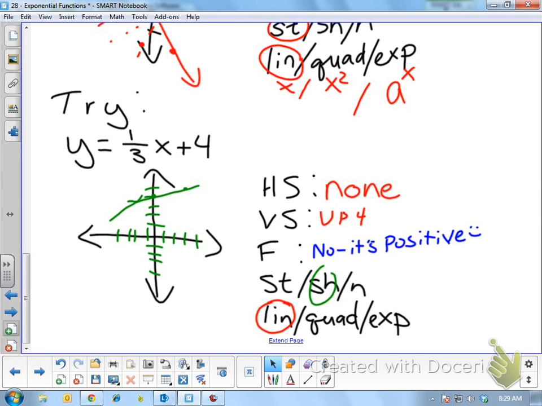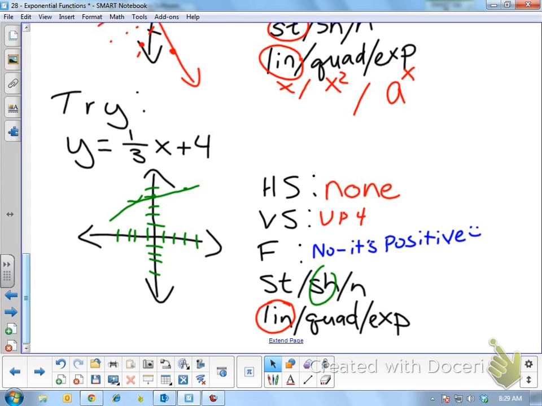Okay, so I had you guys write up on the board all the information you should have gotten for the try problem. Horizontal shift is always none for a line. Vertical shift is up 4. It did not flip, no, because it's a positive, not a negative. It was a shrink because it was a fraction. We're still only working with lines, so right now we know it's linear because that's all we're working with.